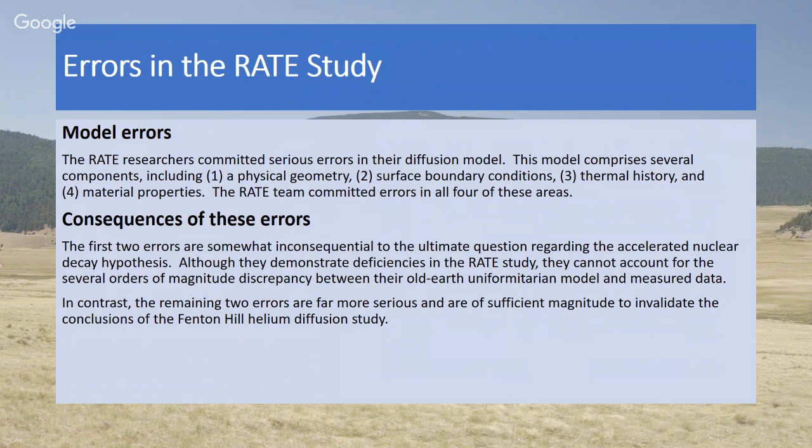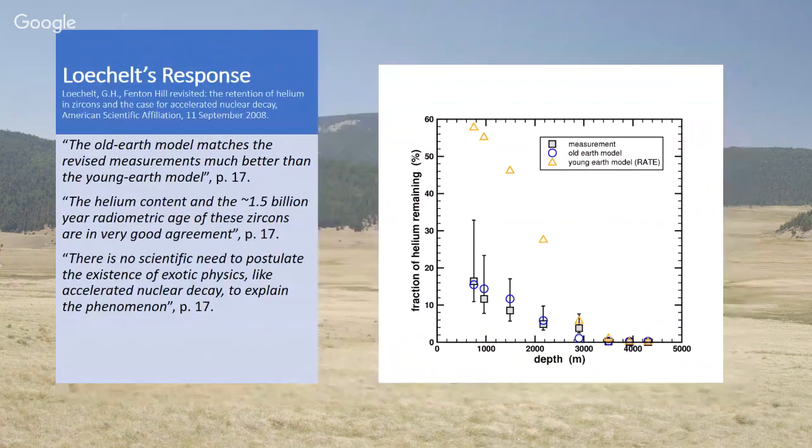And when you assess the magnitude of these errors, what I found is that errors 1 and 2 have a modest impact on the result, but errors 3 and 4 have a huge impact on the result. And that will be the focus today, the material properties and the thermal history, because the errors are of such a magnitude that they can account for this 100,000 factor difference.